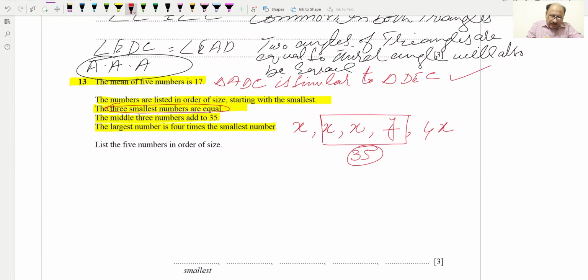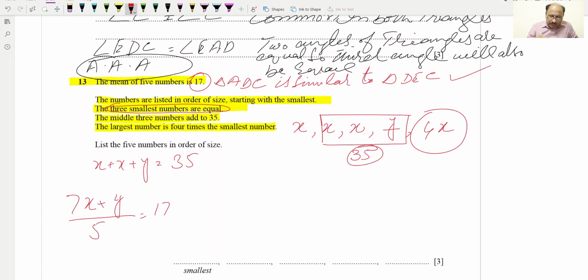One equation will be x plus y is equal to 35, and the second equation: we add all these, x plus x plus x plus y plus 4x, which is 7x plus y, divided by 5 numbers, is equal to the mean, 17.